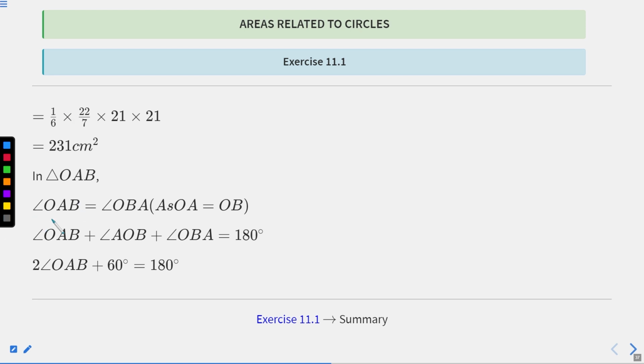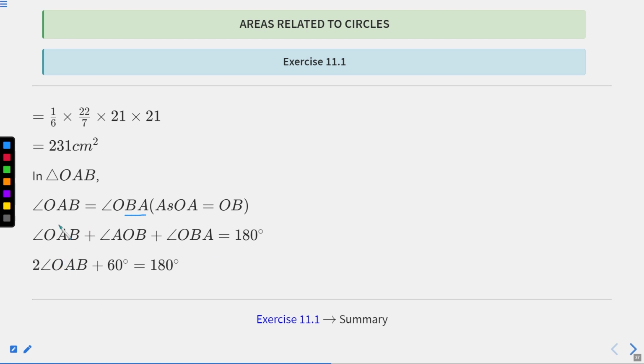Now in triangle OAB, angle OAB is equal to angle OBA, as OA is equal to OB. We know the sum of all angles of a triangle is equal to 180 degree.